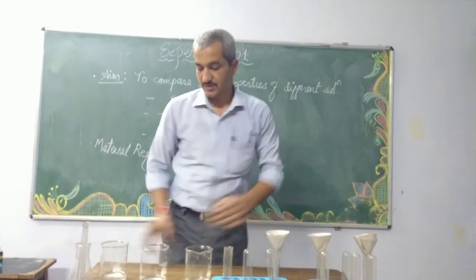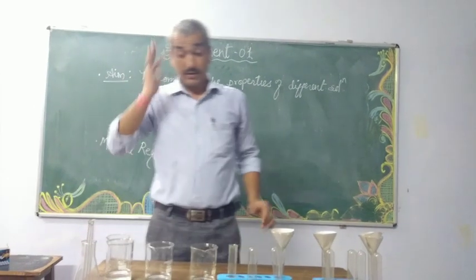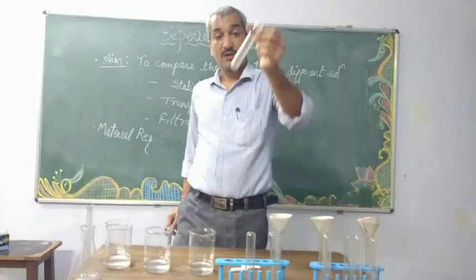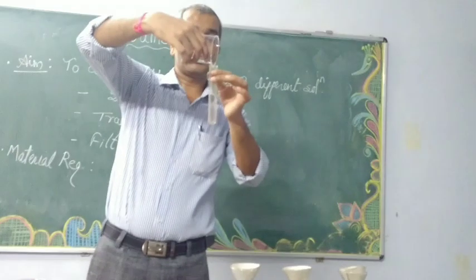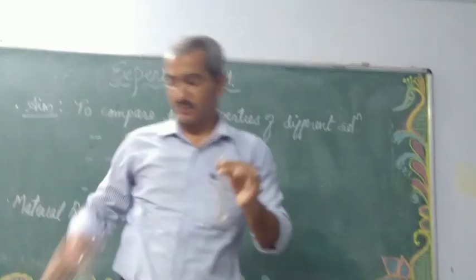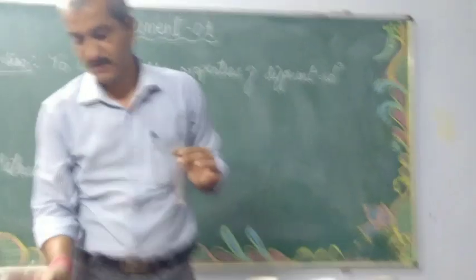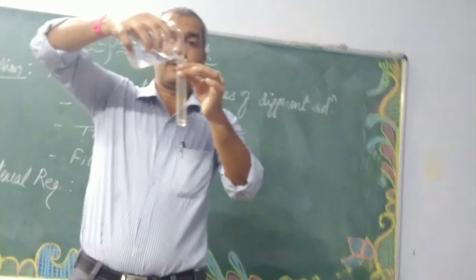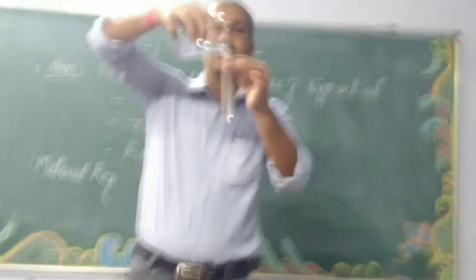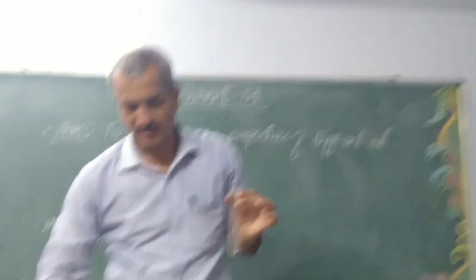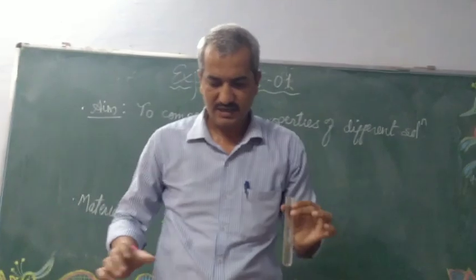Now after this I will take some quantity of water, almost 5 to 10 milliliters of water here. It is not a fixed quantity, we can take any of these.